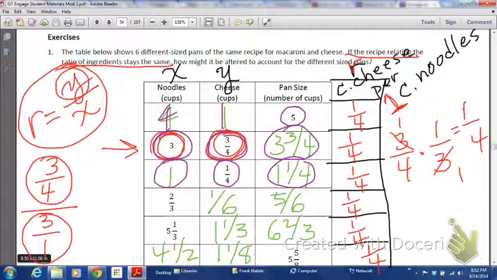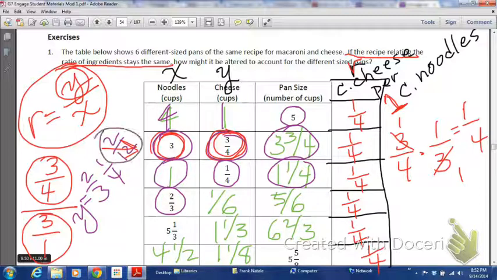If I have my 2/3 noodles, I'm going to apply my rate again, and I'll know that y equals x times r, so my y is going to equal 2/3 times 1/4, and then I get 2/12, which is 1/6 right here.